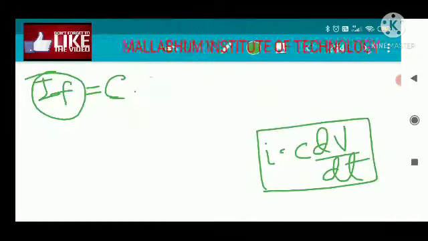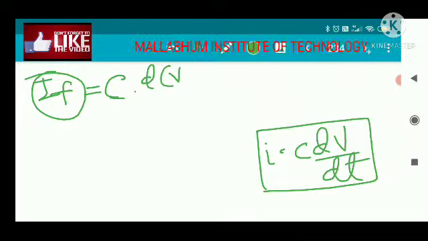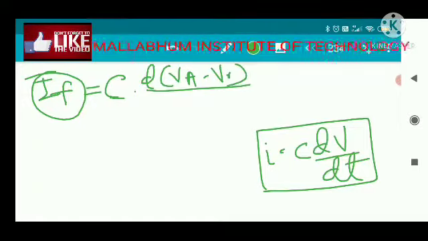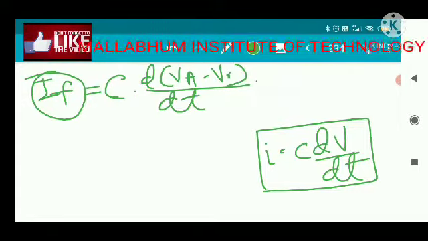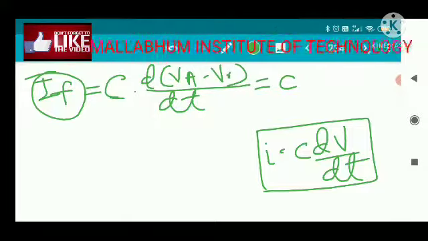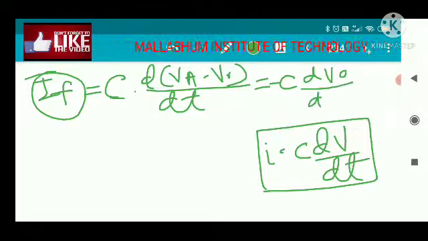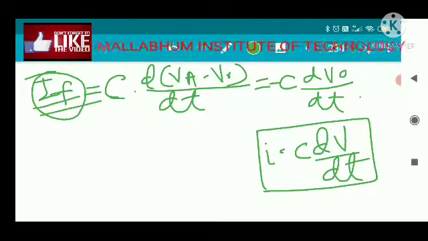So it is C d(VA minus V0)/dt. VA is 0, so IF equals minus C dV0/dt. This is the equation for the current flowing through the capacitor.